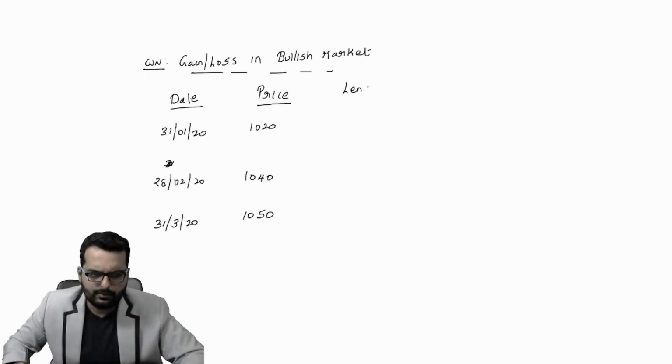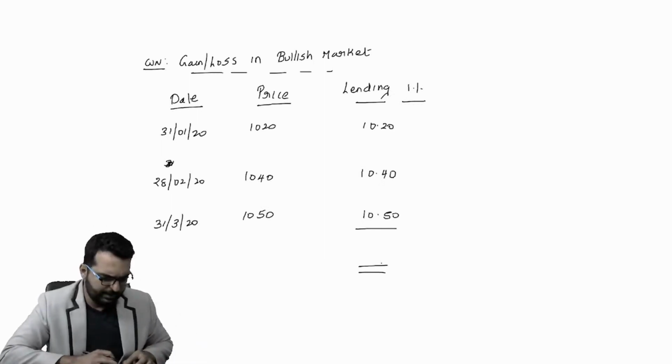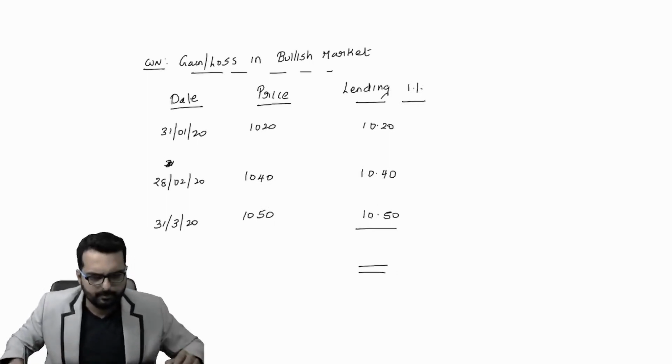Okay. So you have a lending fee over here at the rate of how much percentage? 1%. So how much will be 1% of this? 10.2, 10.4, 10.5. What is the total you will get over here? 31.10 per share.